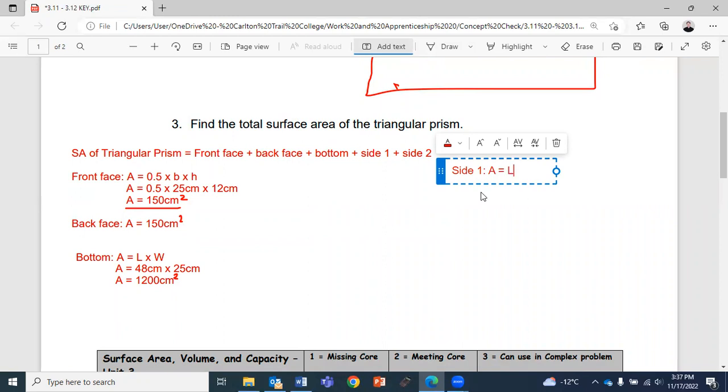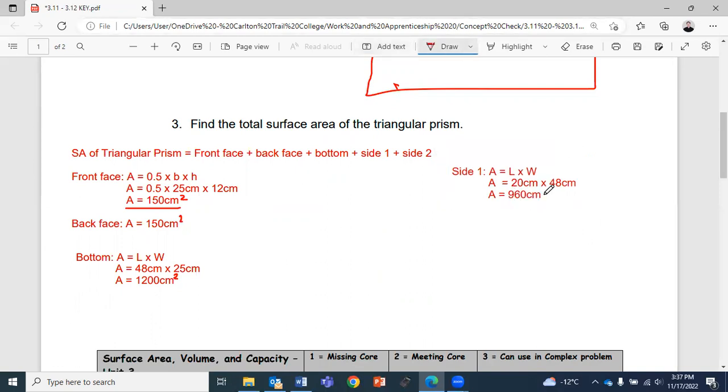So area equals length times width. Area equals 20 centimeters times 48 centimeters. And if I multiply those together, I should end up with 960 centimeters squared.